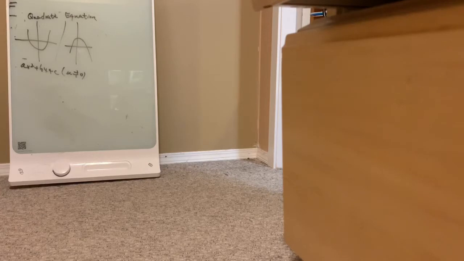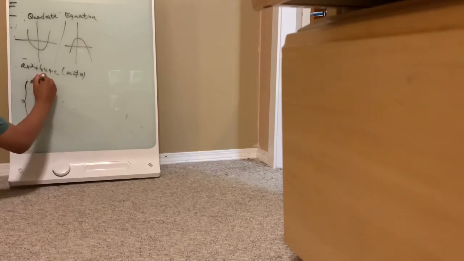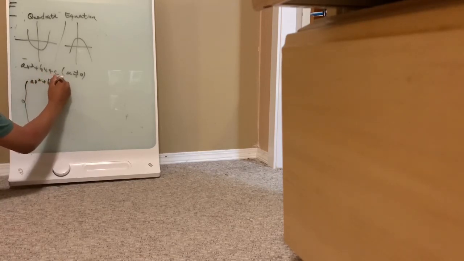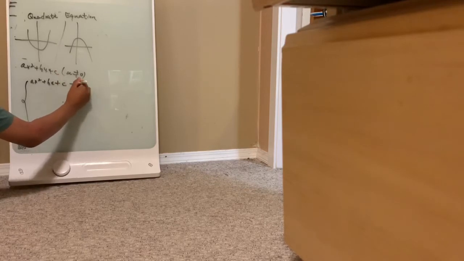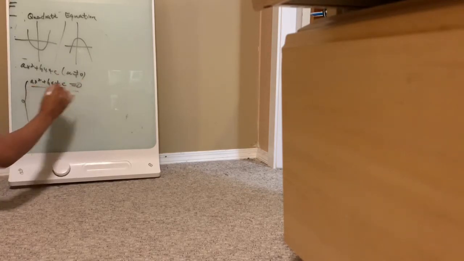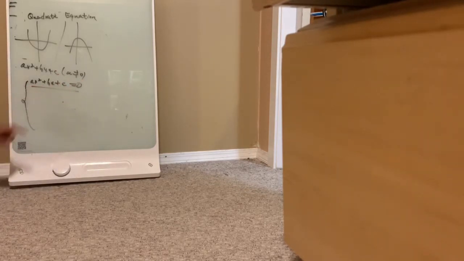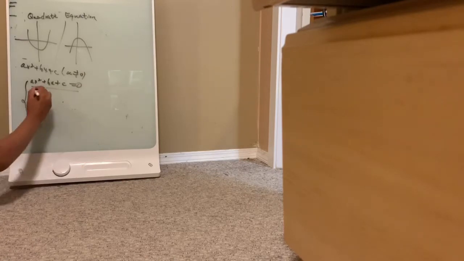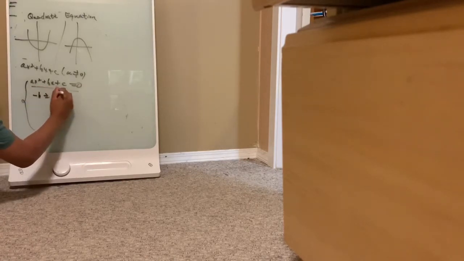So this is what the quadratic formula is. Let's define it when this is equal to 0, when the equation is this. We want to know what x is. So there is a formula: x is equal to this.